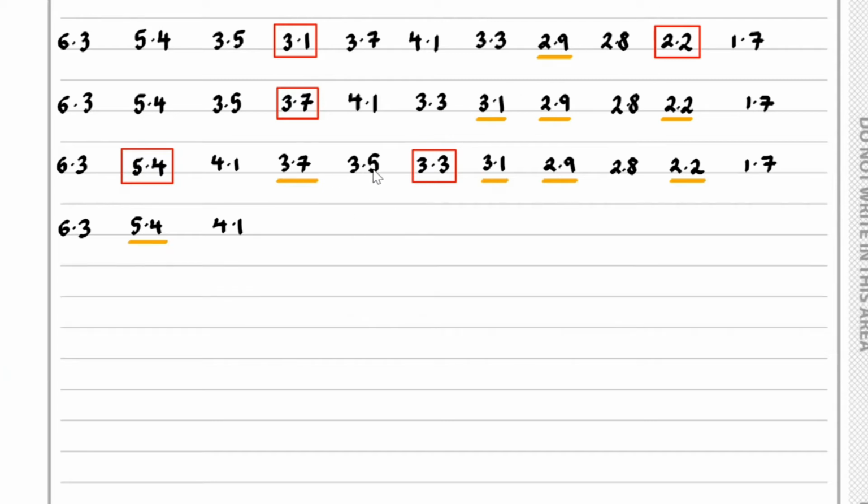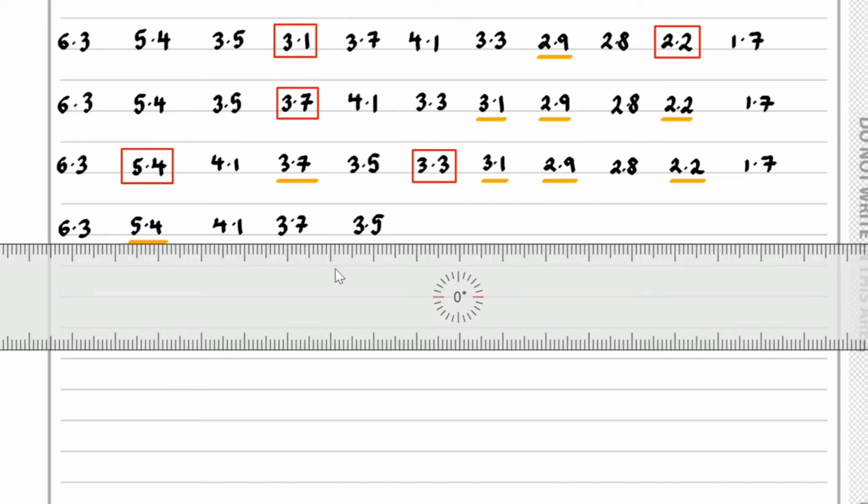And the 3.5 is smaller. The 3.5 is larger than the 3.3, so the 3.5 would remain here, and then the 3.7 won't change. We've used it as a pivot.